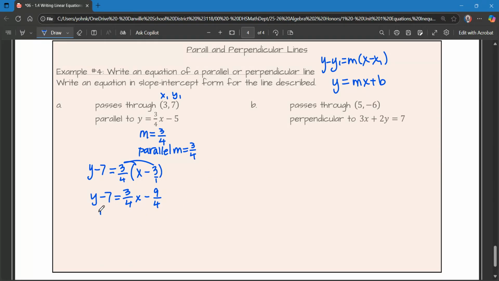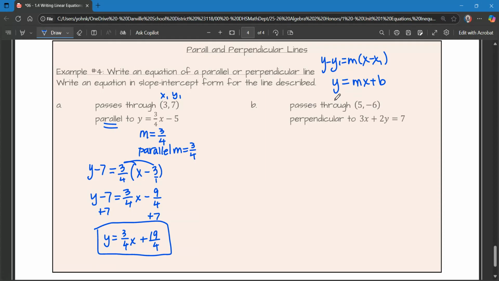And then add 7 to both sides. y equals 3/4 x, and if you do negative 9/4 plus 7, you get 19/4. Notice that the slope of that line, 3/4, is the same as the slope of the original equation, 3/4, and that's because they were parallel.